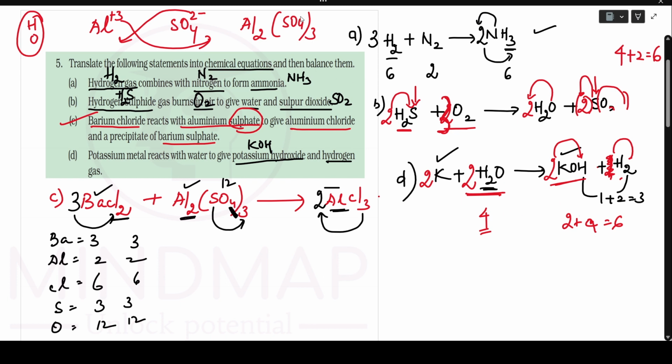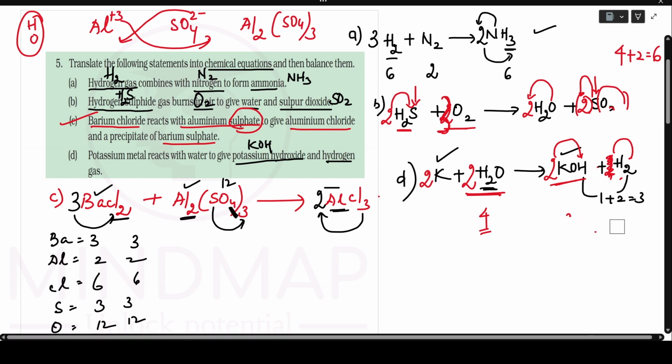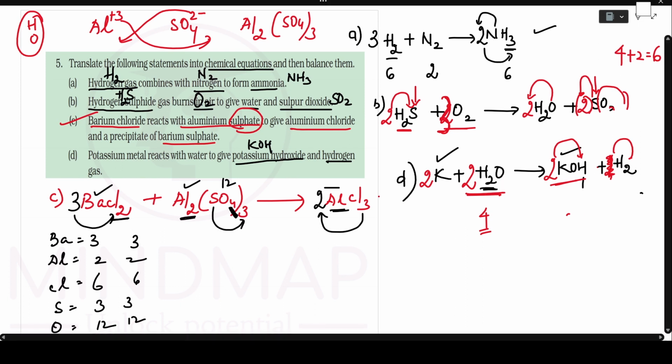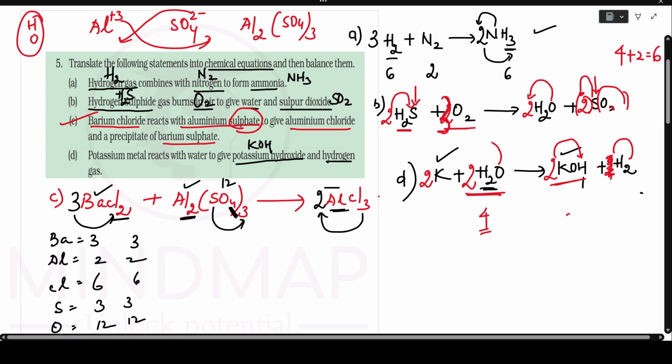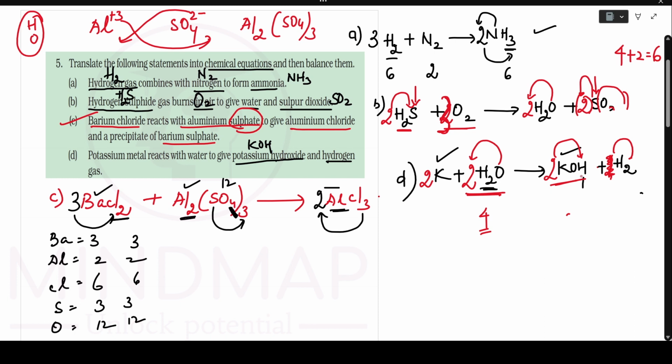Clear? Okay. Next check it for oxygen now. On left hand side oxygen is 2 and on right hand side it's also 2. So this is your balanced equation.